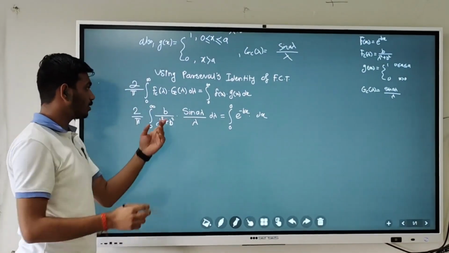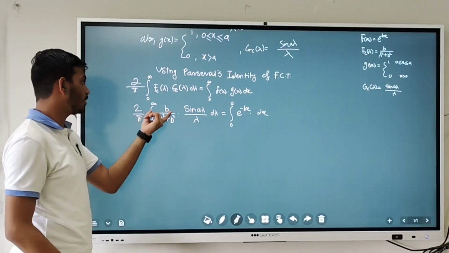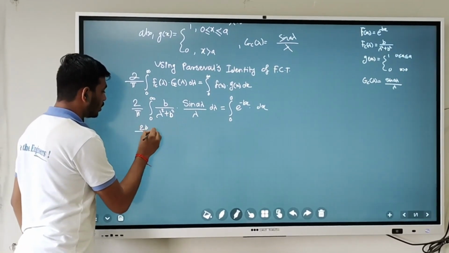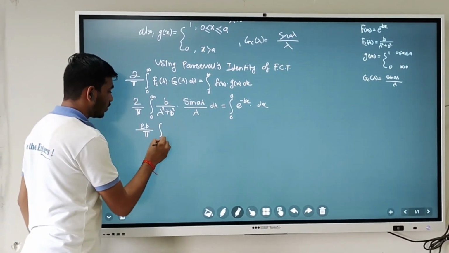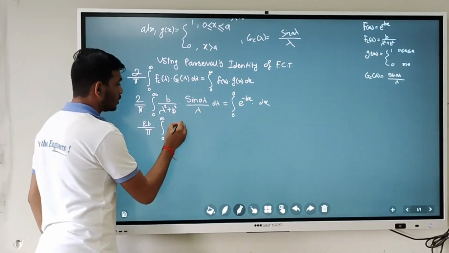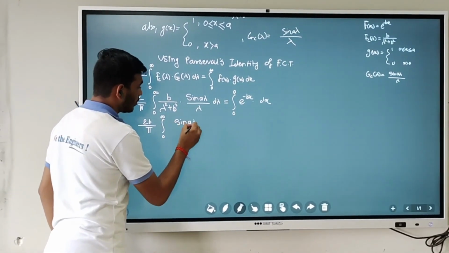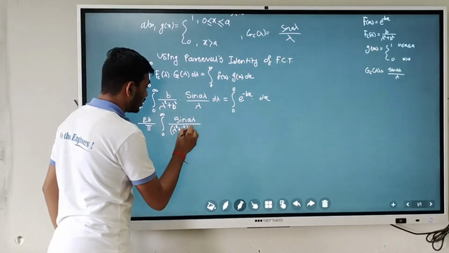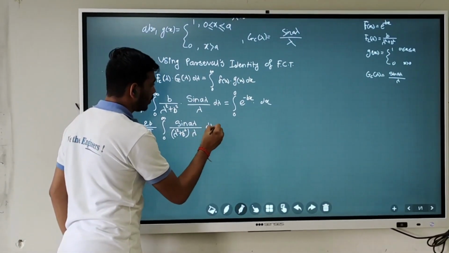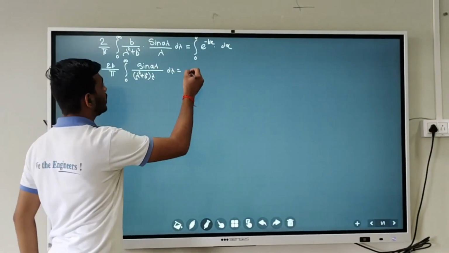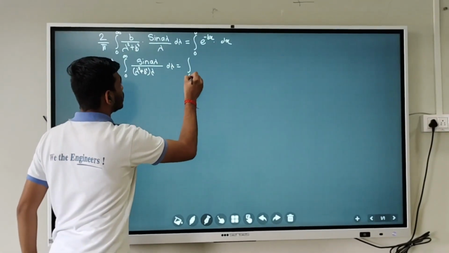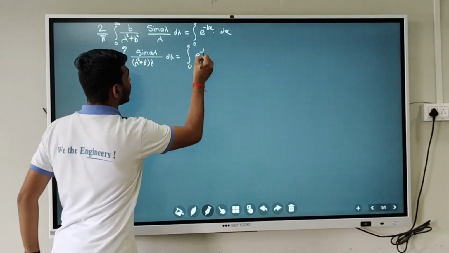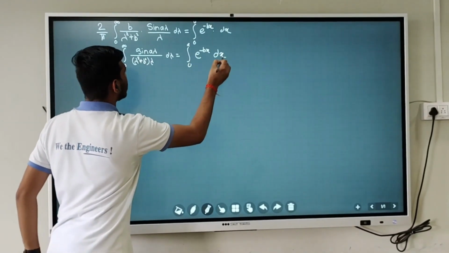Now we are putting this b outside of the integration. Now we will get 2b upon pi integration from 0 to infinity of sin of a lambda upon lambda into (lambda square plus b square) with respect to lambda. Now this integration is 0 to a of e raised to minus bx with respect to x.